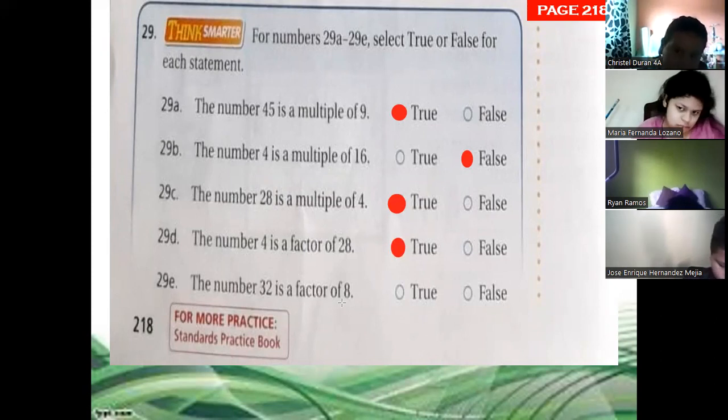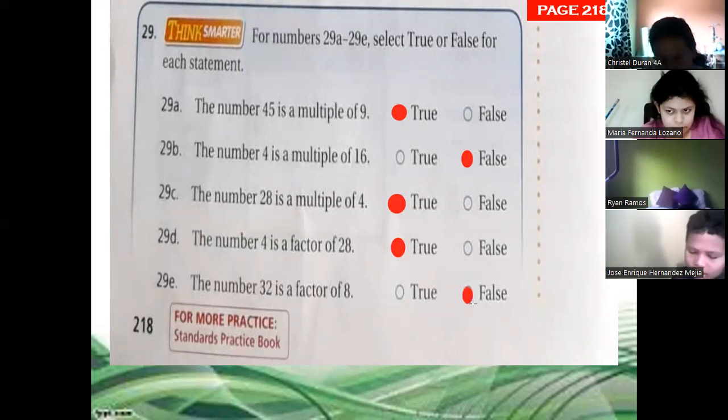The number 32 is a factor of 8. 32 times 1, 32 times 2, 32 times 3. It says that it's a factor. No, it's false. It's not a factor, it's a multiple. Okay, so true, true, false.